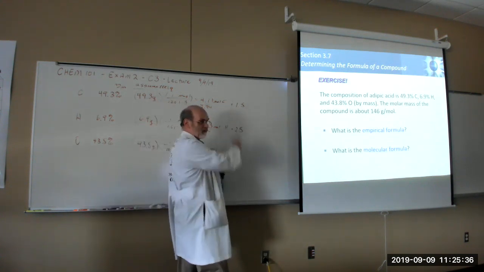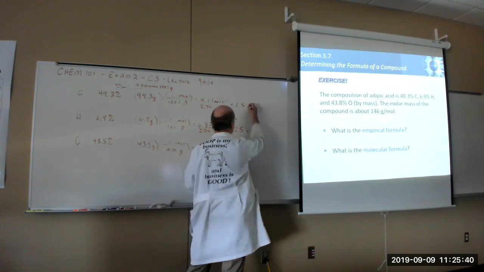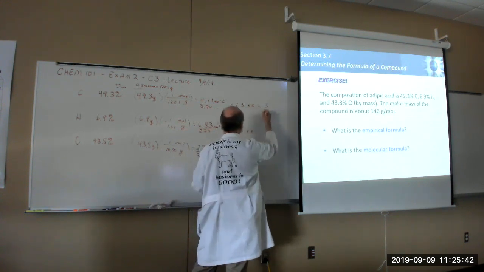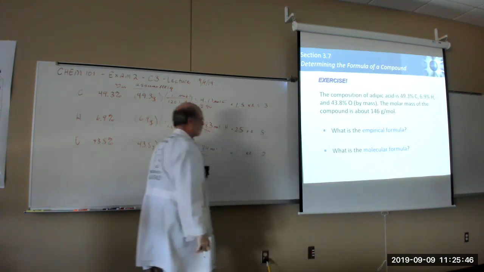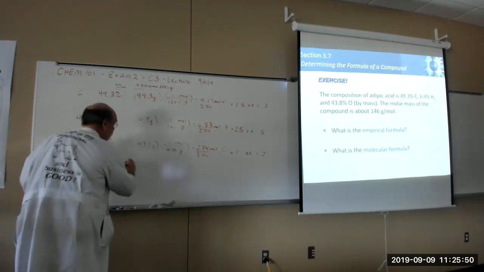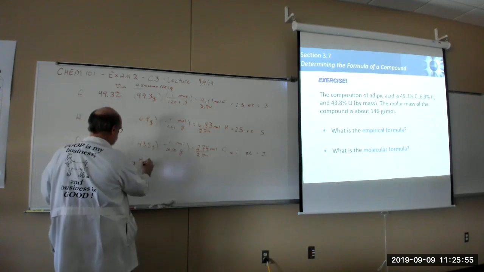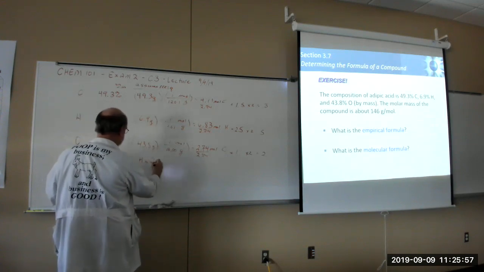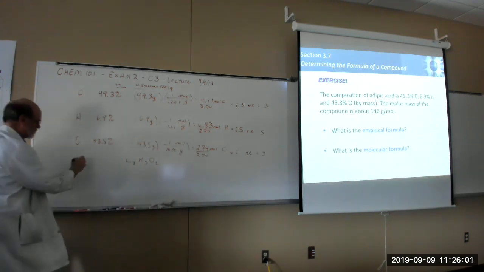So if we multiply all of them by 2, we get 3, 5, 2. So we have carbon is 3, hydrogen is 5, and oxygen is 2. That's the empirical formula.